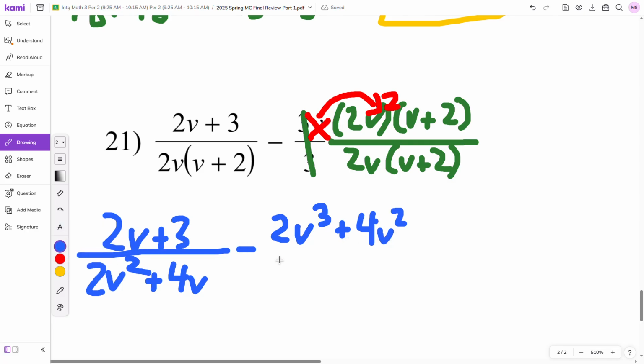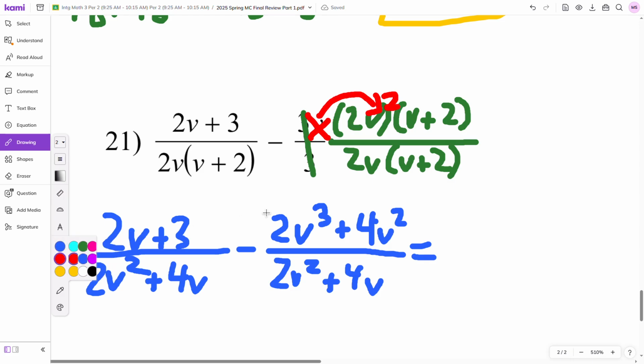And that is over the same denominator as the other one, plus 4v. And now I'm ready to subtract the fractions. And there's actually no overlap. So what we're going to get is this minus here. If you think of this as being in parentheses, this minus gets distributed to both of these.